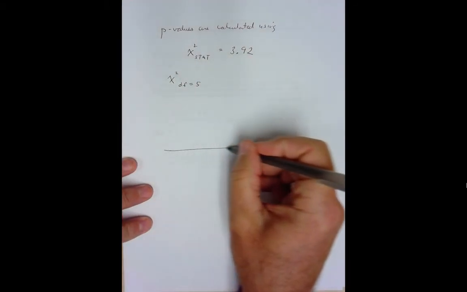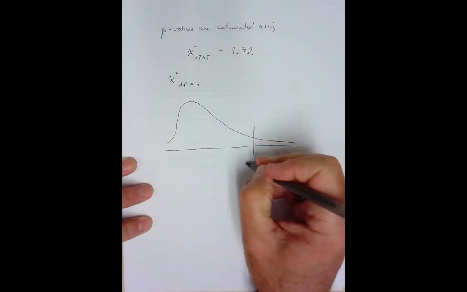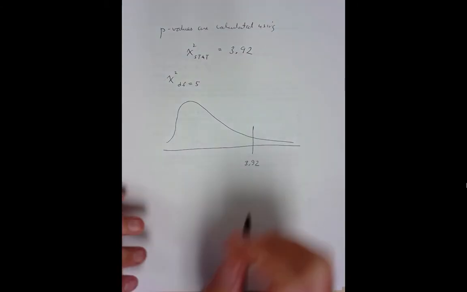Well, in this chi-square distribution, degrees of freedom 5, the p-value is just the area to the right of 3.92.